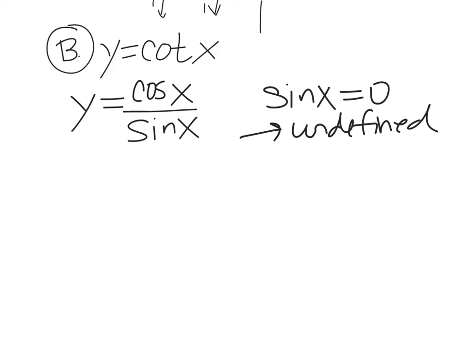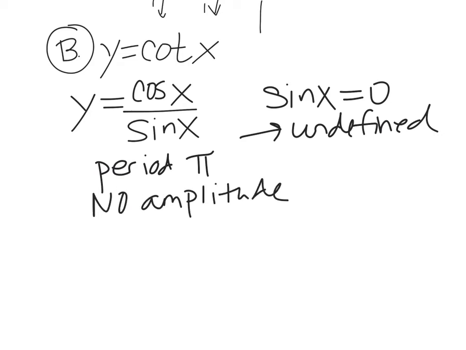All right, so the period is still pi. There's no amplitude. We can stretch cotangent, we can shift cotangent, but here's the key, the asymptotes.